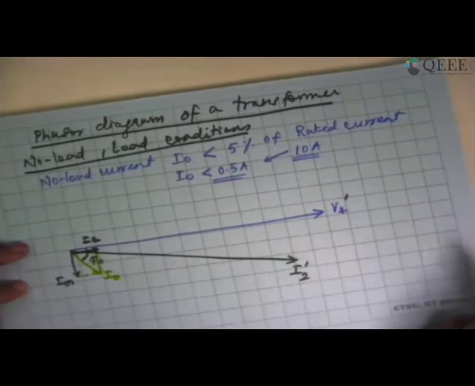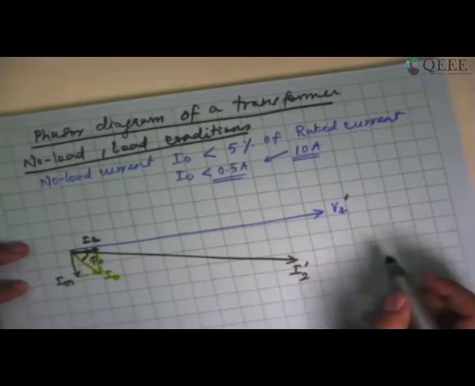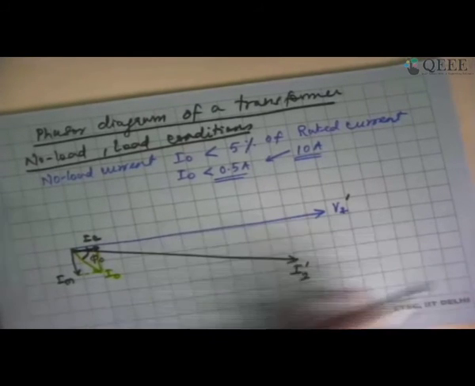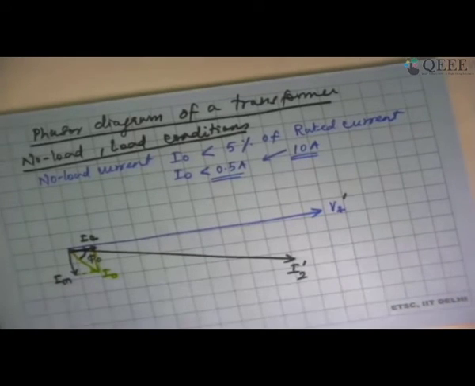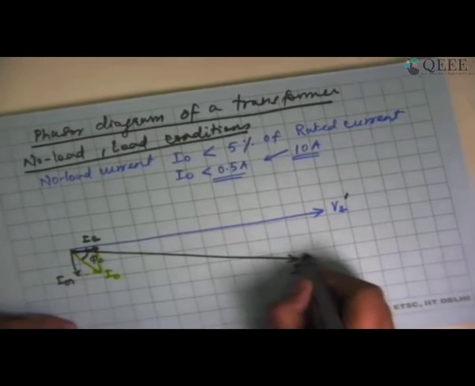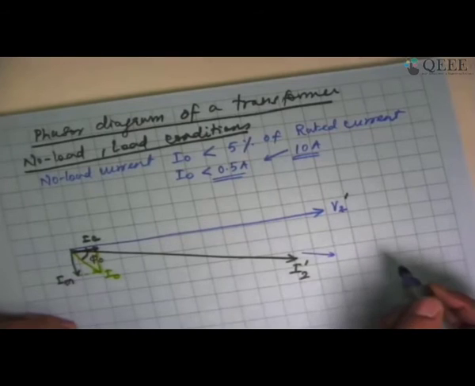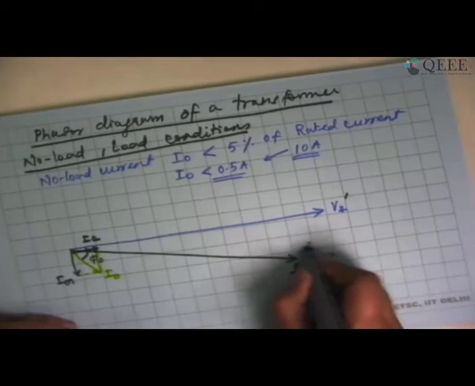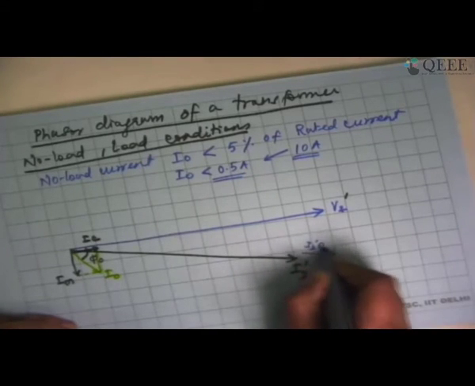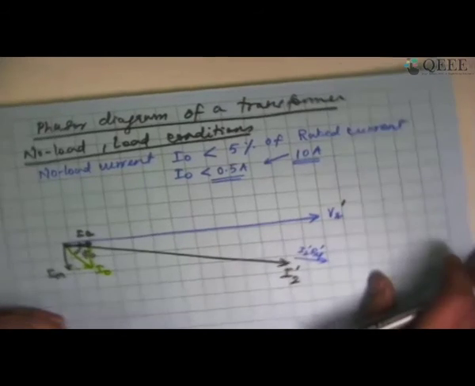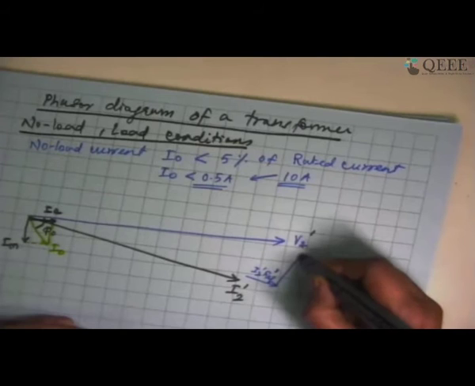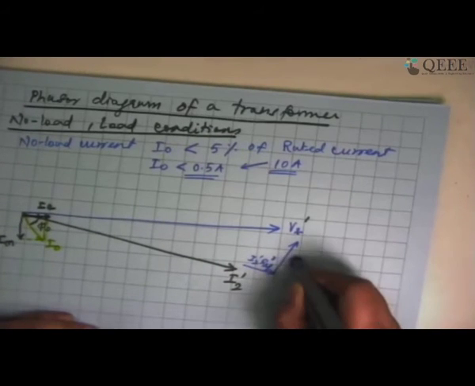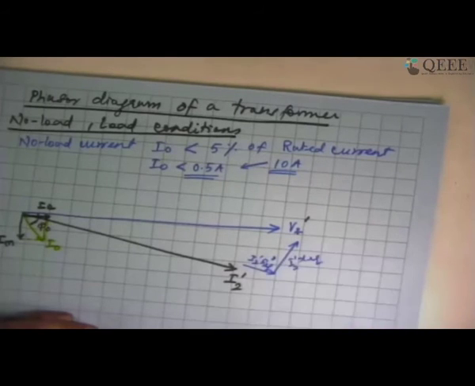If this is I2 dash, I am definitely going to have, first of all, I2 R2, which will be in phase with I2 as the voltage drop. So this is I2 dash R equivalent dash. And then perpendicular to that will be I2 dash X equivalent.